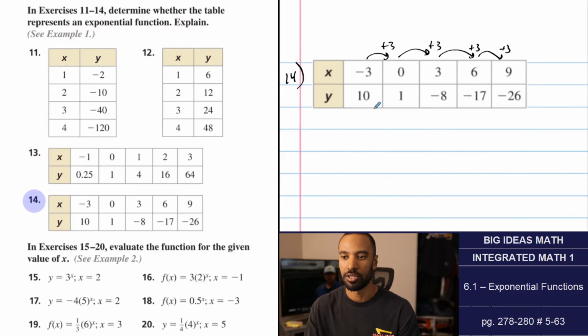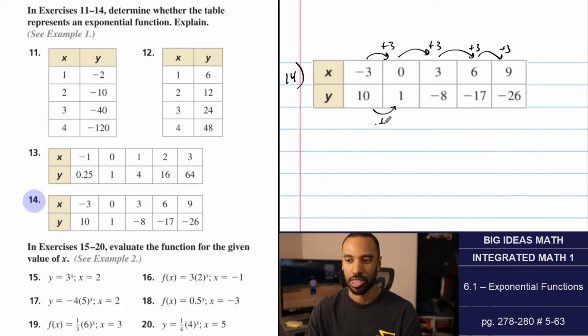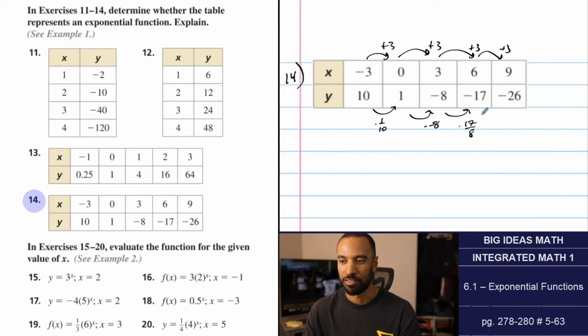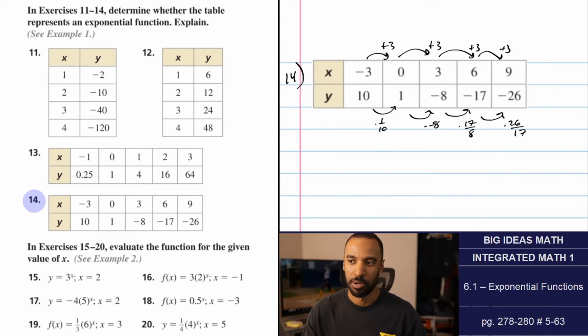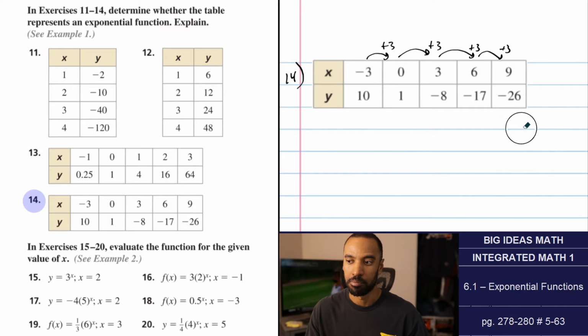But what we're looking at here is 10 times 1/10 is 1. 1 times -8 is -8. -8 times 17/8 is -8 over 17. And -17 times 26/17 is that number there. So, whoa, Mr. Robinson, why did they come up with such weird numbers? Actually, what they're doing here is this is not exponential, but it does have a different kind of pattern.